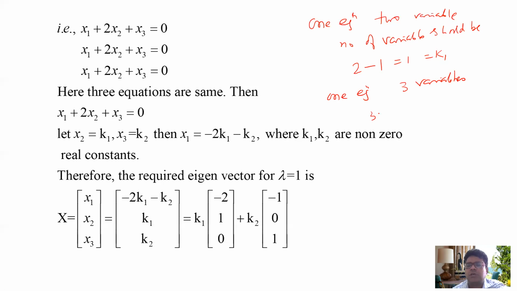So that means 3 minus 1 equals 2 variables of choice.